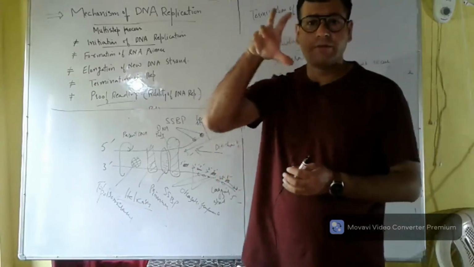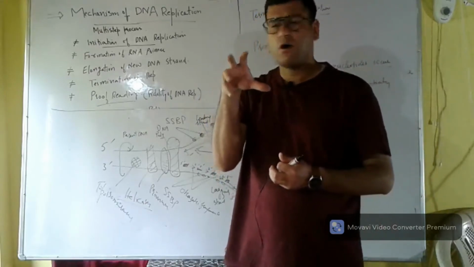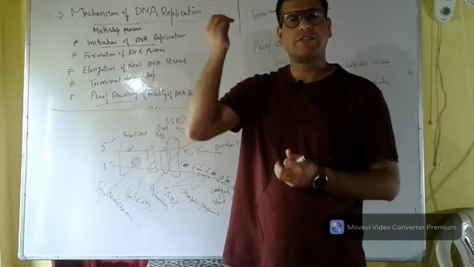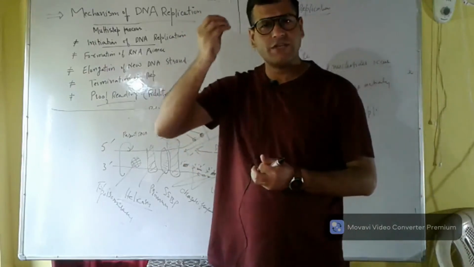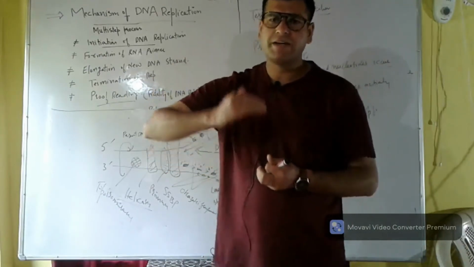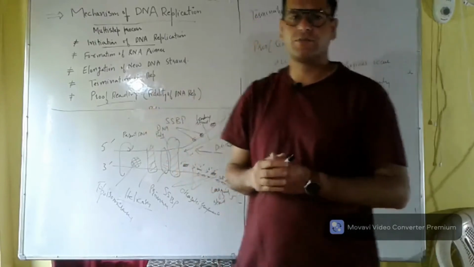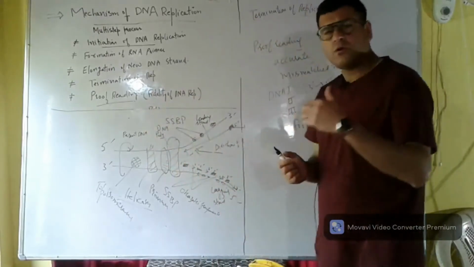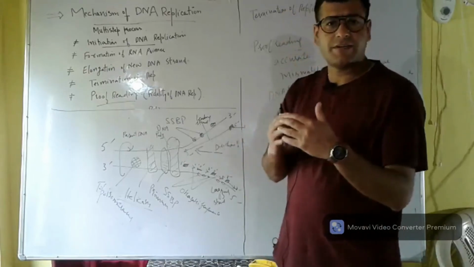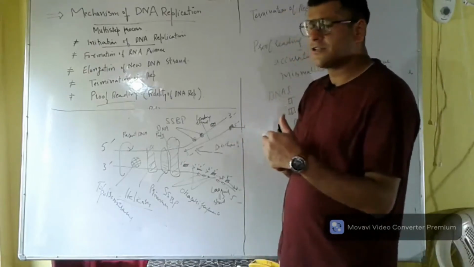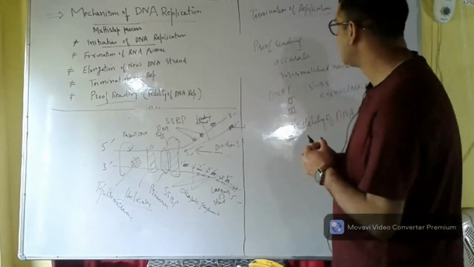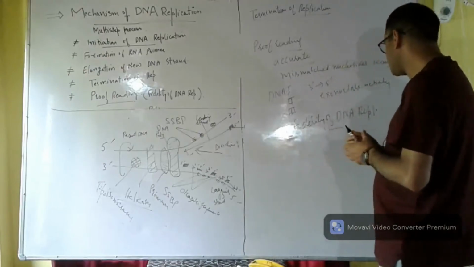Because if one nucleotide is wrongly inserted, there would be a mutation that will change the amino acid composition of the protein. Ultimately that can change the biological character of the organism. So in order to have correct DNA replication, these things ensure that there is no mismatched base pair in the DNA molecule. This increases the fidelity of DNA replication.